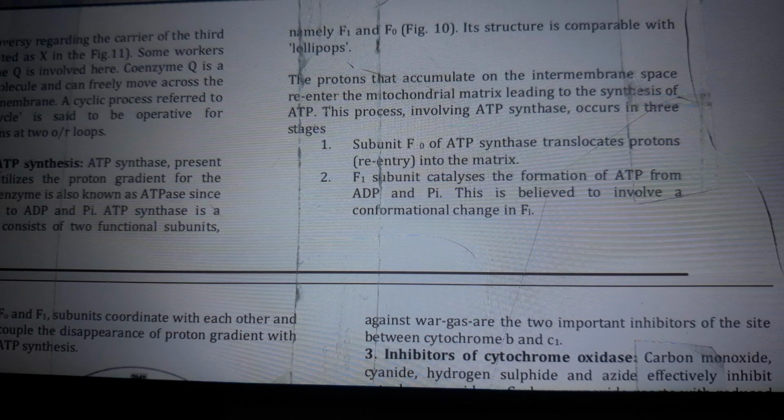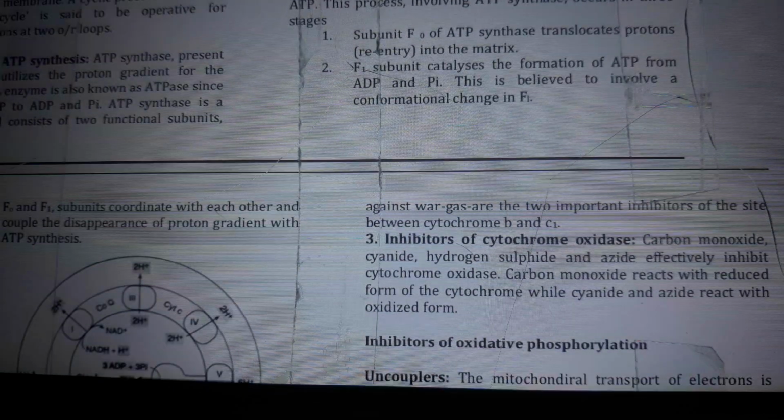The protons that accumulate in the intermembrane space re-enter the mitochondrial matrix, leading to the synthesis of ATP. This process, involving ATP synthase, occurs in 3 stages. Subunit F0 of ATP synthase translocates protons re-entering the matrix. The F1 subunit catalyzes the formation of ATP from ADP and Pi.